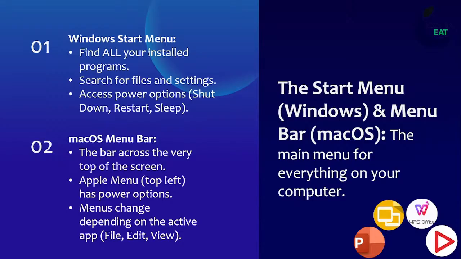We're going to look at the start menu and how you locate a program in the start menu, mostly a program you did not see in the taskbar or on the desktop.